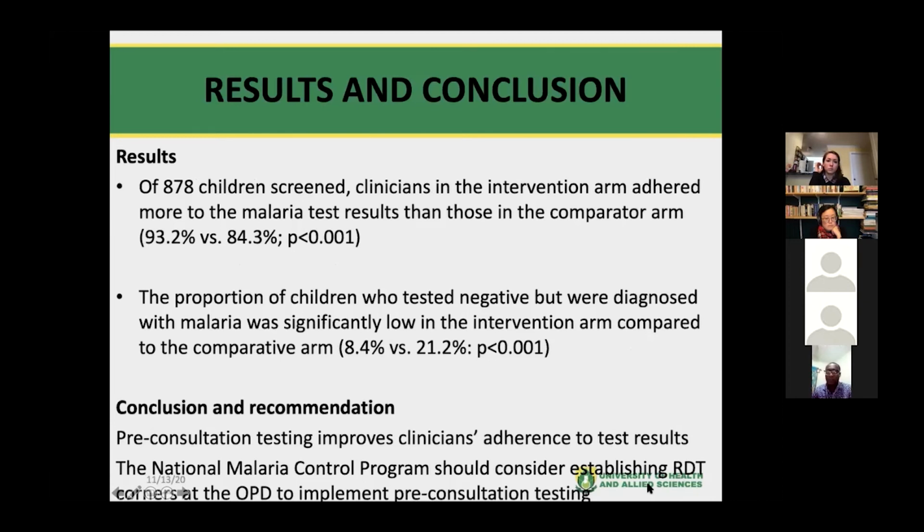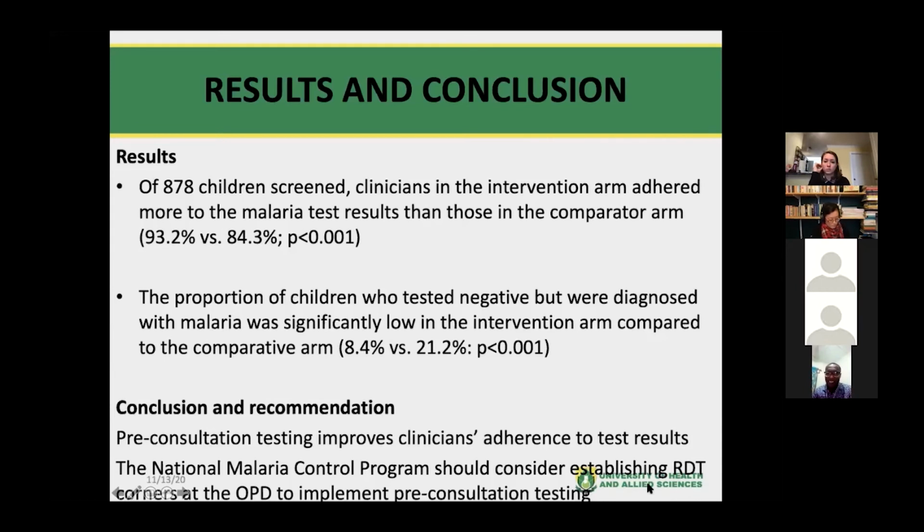The results of the study. Of the 878 children that were screened, I would like to start with the malaria prevalence. The overall prevalence of malaria was 31.9% by RDT and 26.7% by microscopy.